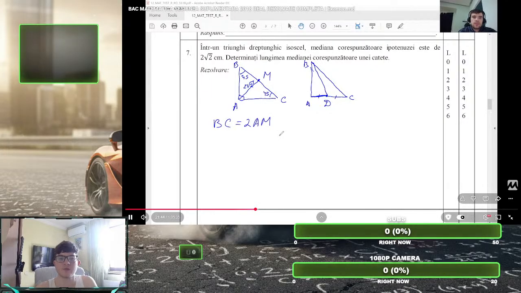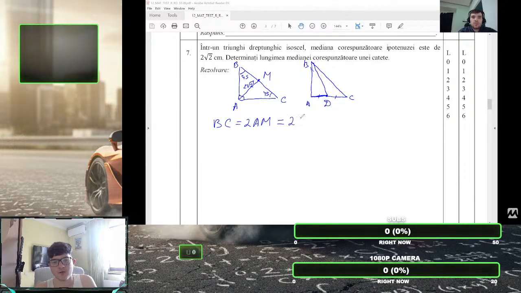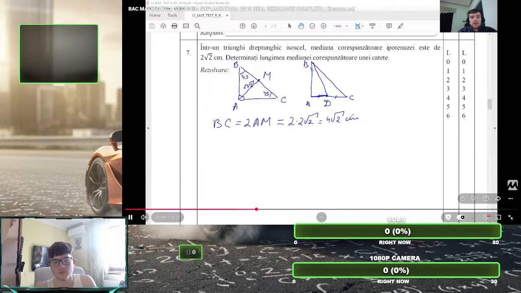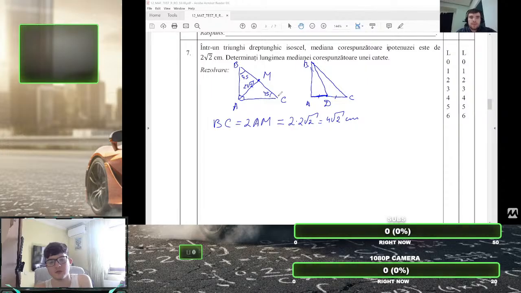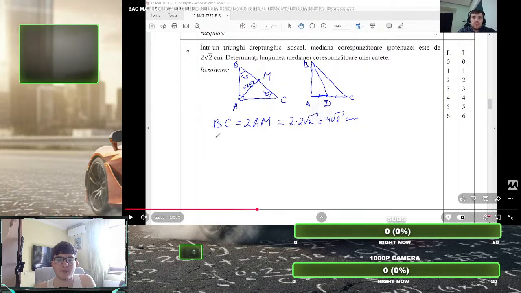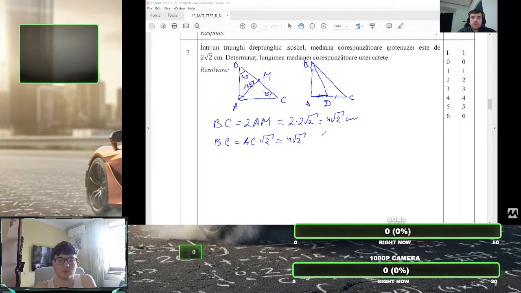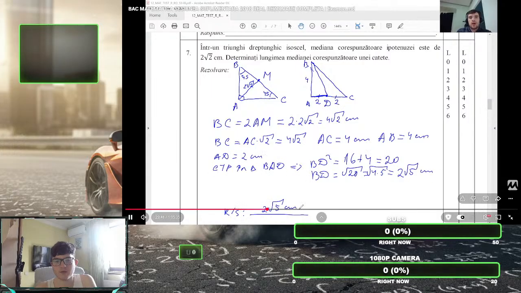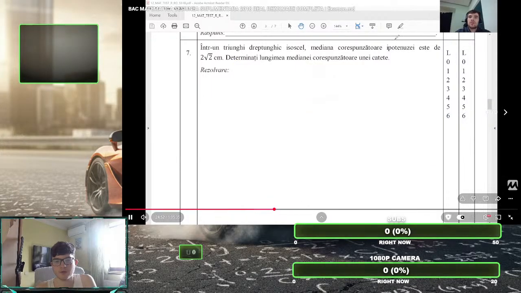So BC is 2AM. So yeah, we can understand that this is the length of BC based on that. And now what? BC is going to be AC times square root of 2. Here's some formula and stuff, so it's kind of hard, so I'm going to skip this one.